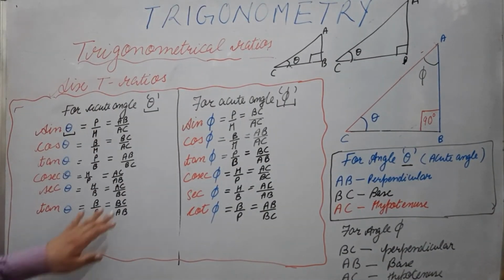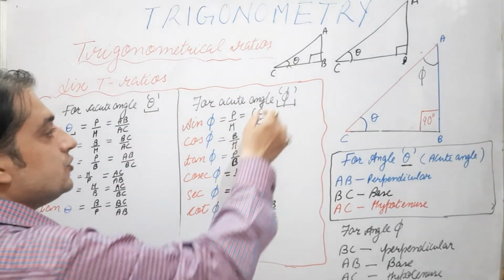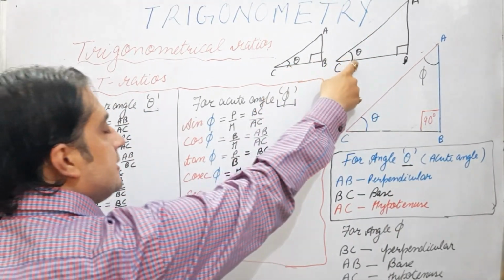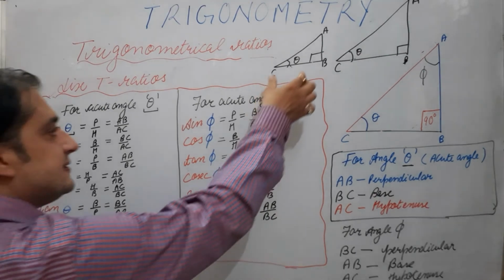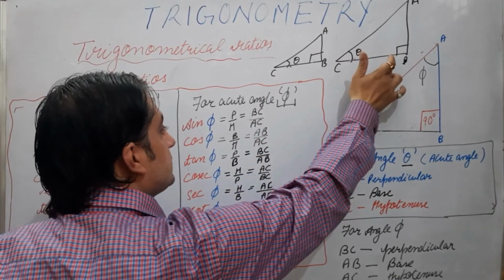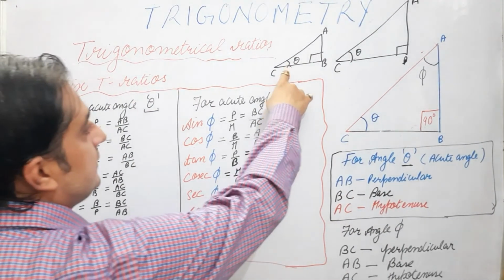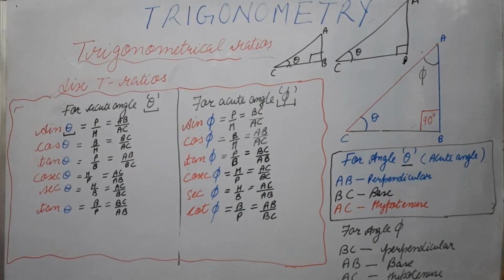The T ratios for this triangle and for this triangle remain the same. They do not vary with the lengths of the sides of the triangle. If the angle remains the same, then the value of the T ratio remains the same. Right? Fine.